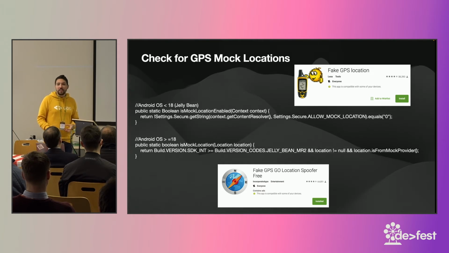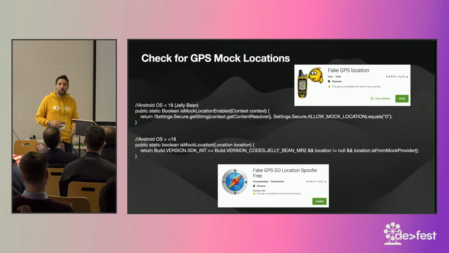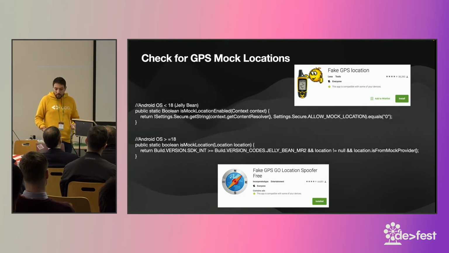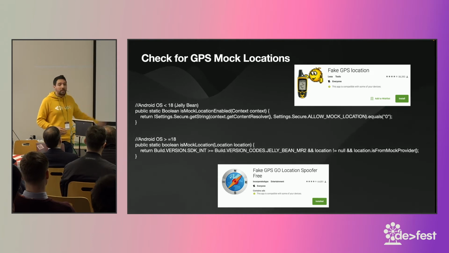Faking, spoofing the GPS location is super simple for any user. They can just download a couple of really well-known free applications to do that with zero knowledge. But yet again, checking for mock locations is also really simple and easy. So it's something that everybody should be doing if they're using any sort of location data in their application.